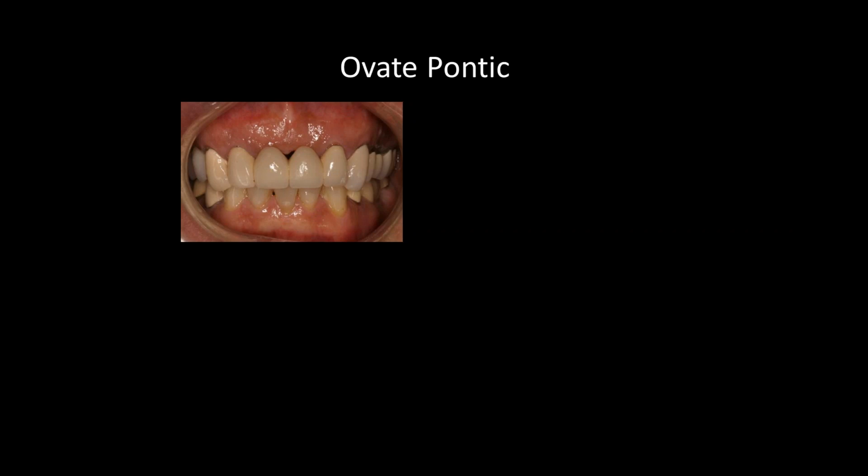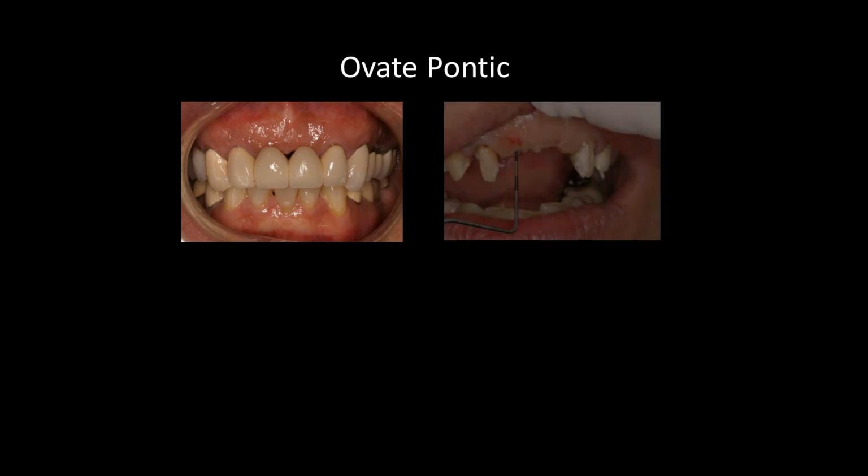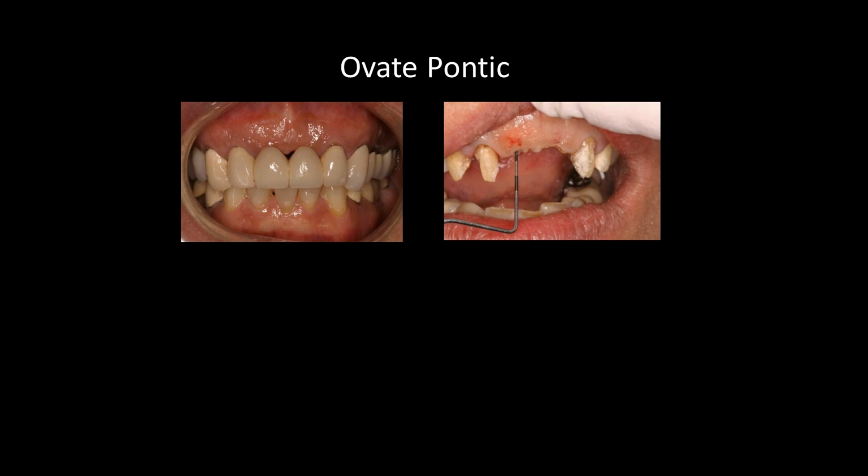If done right, you can actually create a 1 millimeter, 2 millimeter probable pocket on the facial aspect of these ovate pontics. So here's a case where a patient had come in with an anterior bridge. Over time, ridge resorption caused black triangles. We did our bridge preparation and measured the ridge to see how thick the tissue was, so how much tissue we had to create the indentation into the ridge.